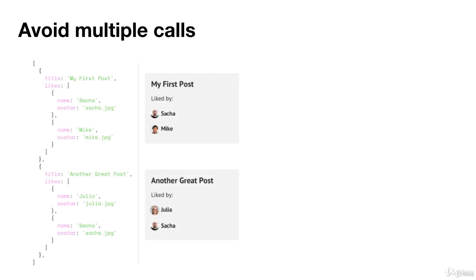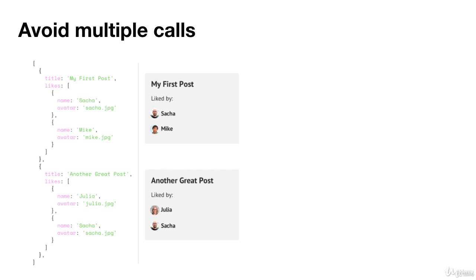One of the major advantages of GraphQL is that it allows you to avoid multiple calls. What do we mean by multiple calls? Let's say that you want to fetch the post with likes. Each post has many likes. You would like to display the post with likes on the front end side.